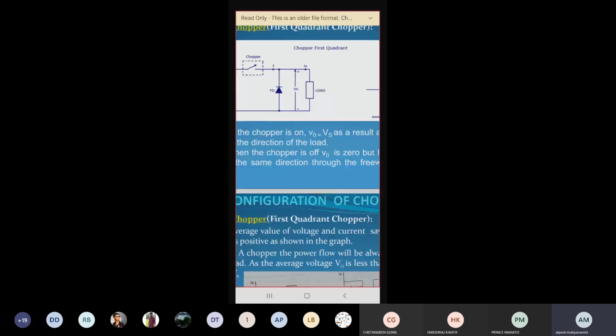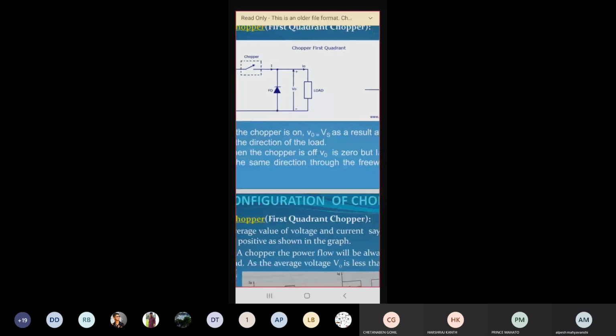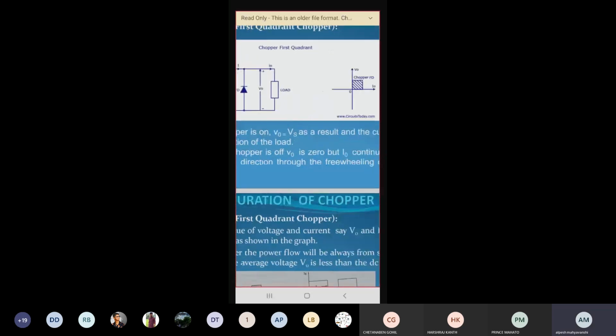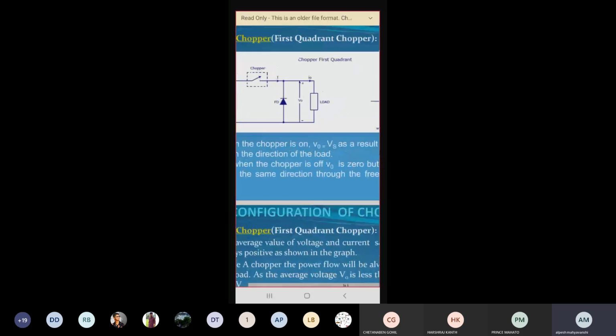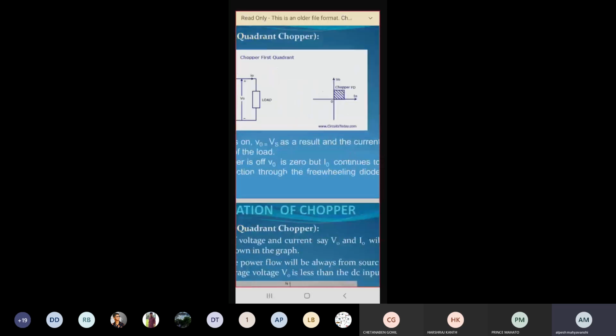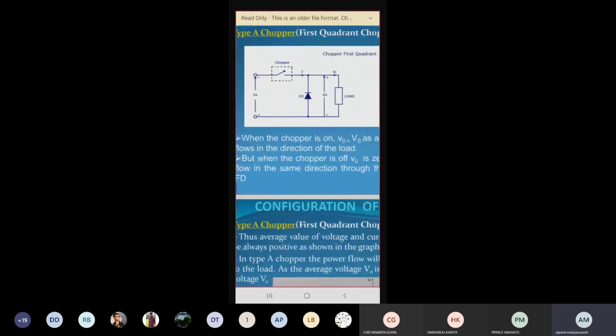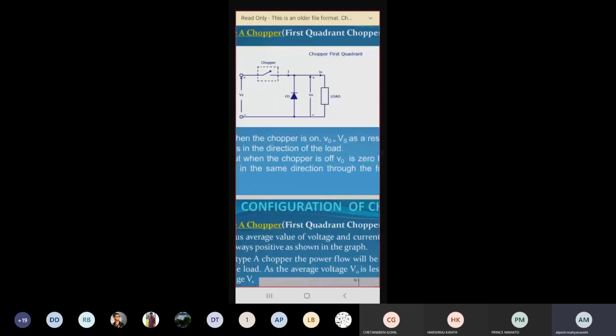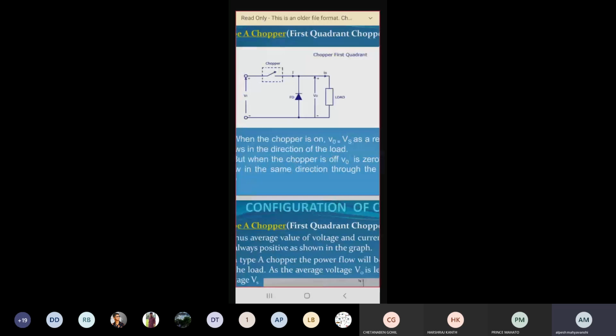Okay, but what happens? Whatever energy is stored in this load, now this energy is dissipated through this freewheeling diode. In this condition also, part of the load current is flowing through the freewheeling diode because of the energy stored in this load, and the direction of the current flowing through the load always remains the same as the previous case.